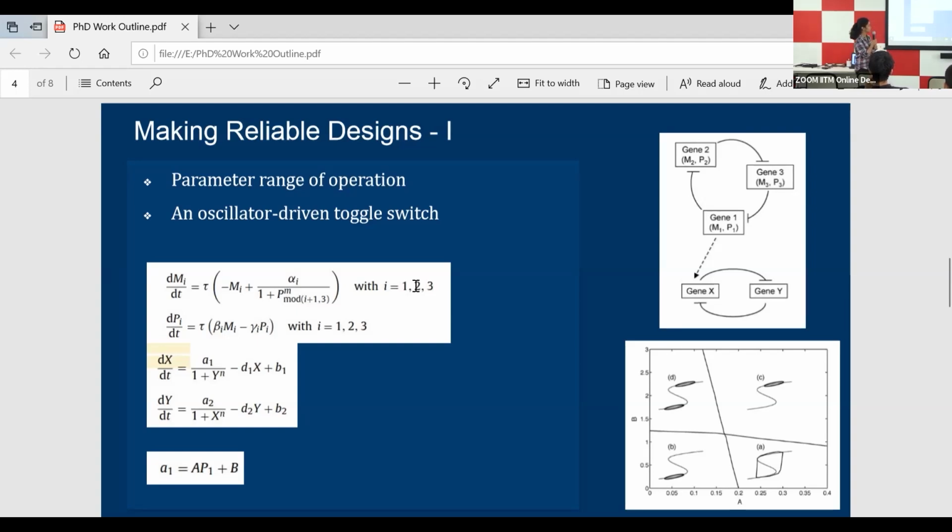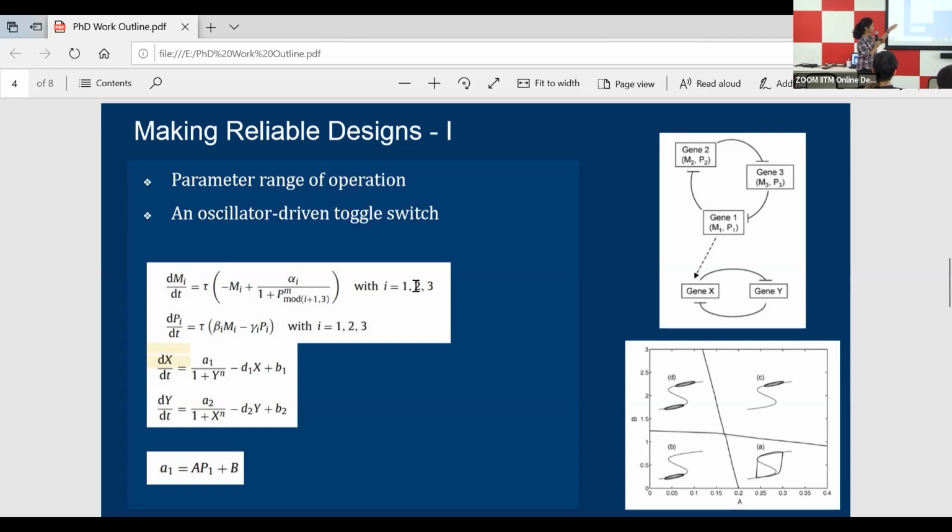So how does a given circuit behave with changes in these parameters? There is a mathematical method called bifurcation, which helps us understand which regime of the parameters will give us the desired output and which ones are to be avoided.